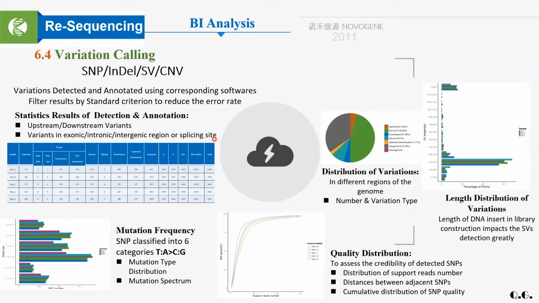And moreover, the results of quality distribution are also presented, assessing the credibility of detected SNPs here as an example. And apart from this, the mutation frequency and distribution of variations in different regions of genomes are also illustrated in our final reports. It is also worth mentioning that the length distribution of variations is offered, since the length of the inserts in library construction can impact structural variation detection significantly.